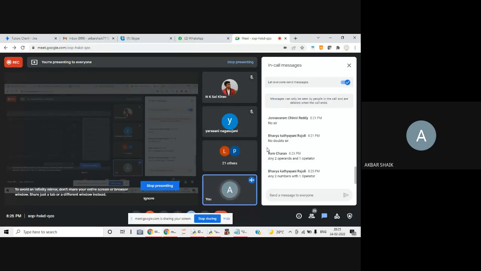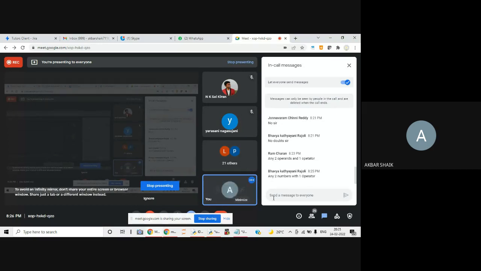If you are not getting it, please let me know. Or if you are getting something, please type the response for the small questions, whatever I am asking. I am asking simple questions only. I don't know why the remaining students are not responding, because this is a common concept for any language.